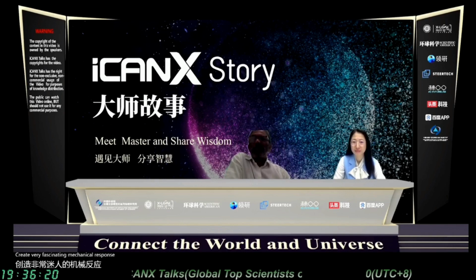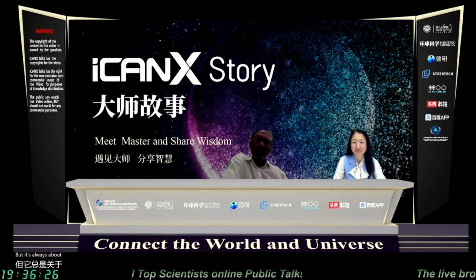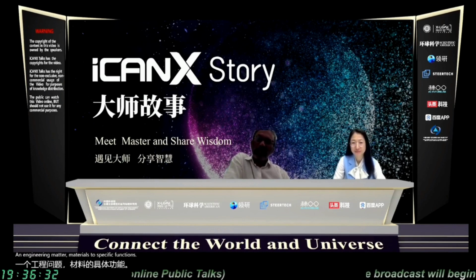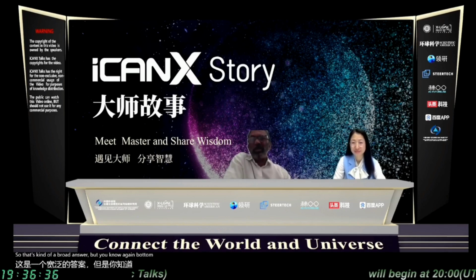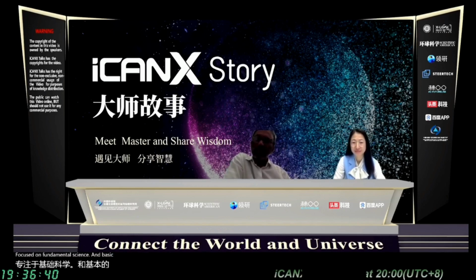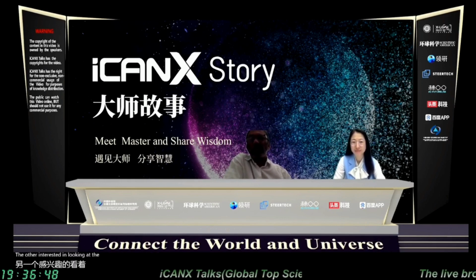So there's a broad range of things we do and have done over the years, but it's always about nano engineering and engineering nanomaterials to specific functions. So that's a broad answer, but again, the bottom line is that we are very much focused on fundamental science and basic science. Applications are essentially our targets, long-term goals, but we are very interested in looking at the fundamental properties of these materials.